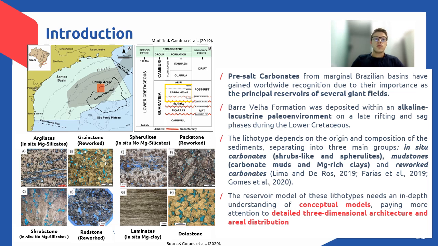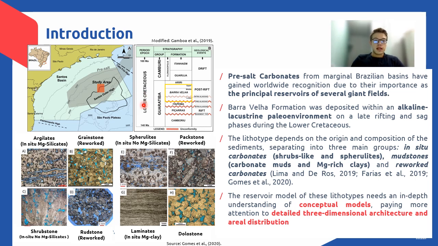In this case, we are going to study the area close to the Santos Outer High, and in particular the Barra Formation. The Barra Formation is the main reservoir, which was deposited within an alkaline lacustrine paleoenvironment on the late rifting and sag phases during the Lower Cretaceous.